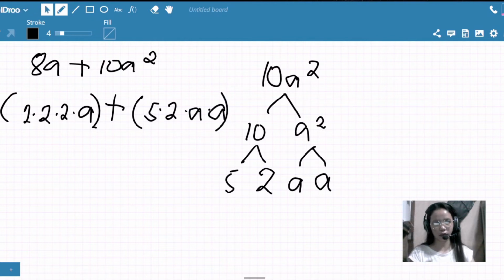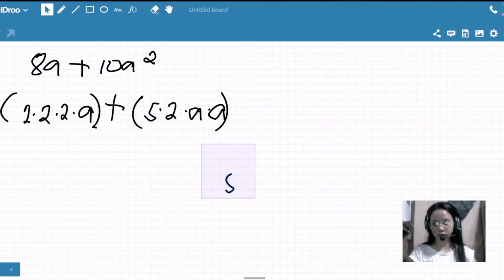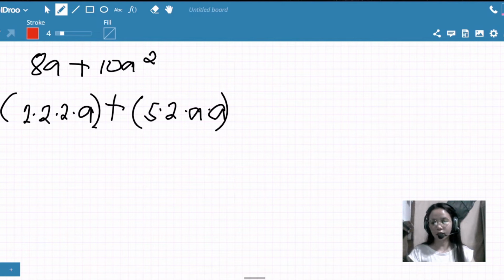Okay, there. So we were able to factor out or expand the given terms in our expression. The next step for us to find the GCF is to select the common factors which exist in both terms. So here we have a common 2 and then a common a.